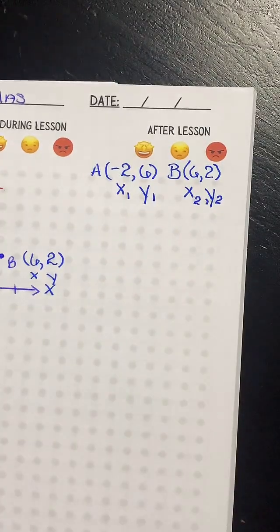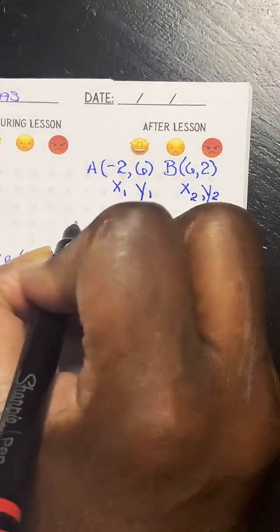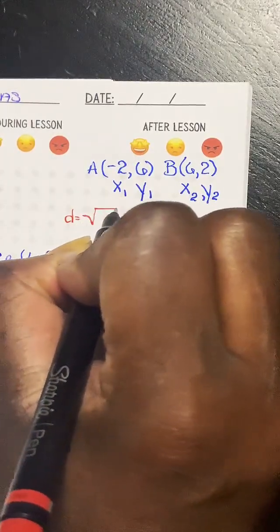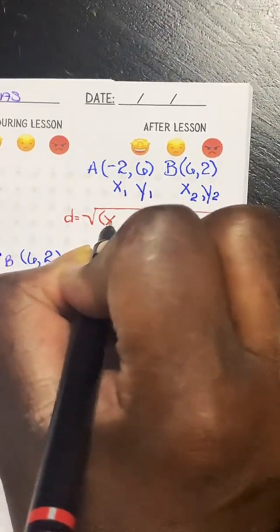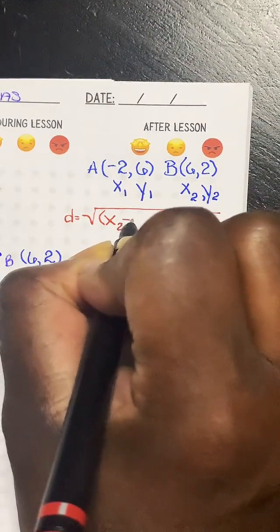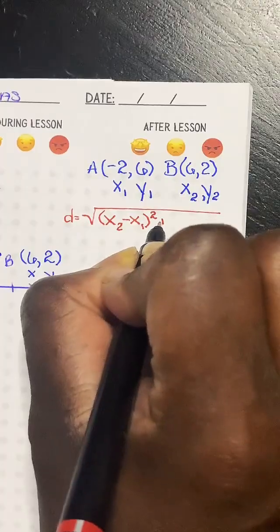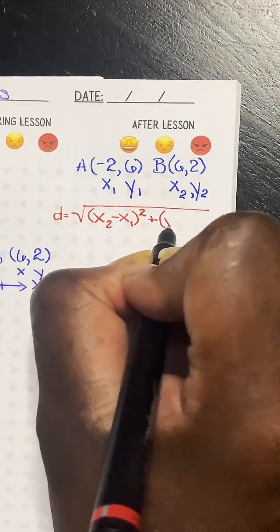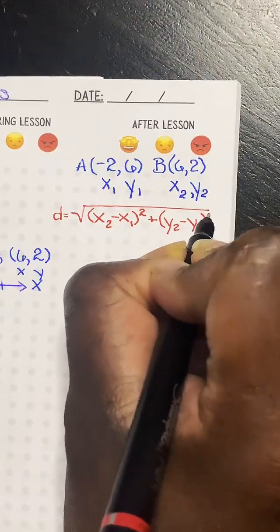So we have our first point, we have our second point. So this is when the formula is going to kick in. So if we want to find the distance, remember the distance formula is our square root of our difference of our x's, so that's x sub 2 minus x sub 1, and it's squared, plus the difference of our y's, which is y sub 2 minus y sub 1, squared.